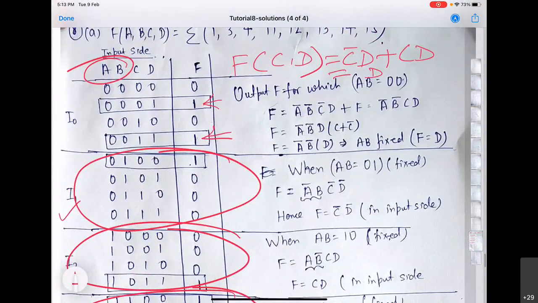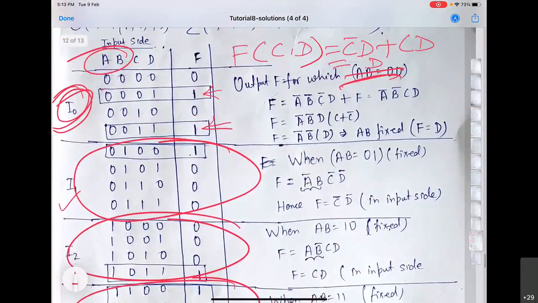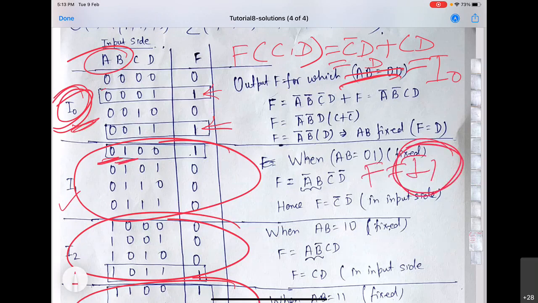Let us focus on the second part. What we got here, D, is going to get connected to I0, because A0, B0 will select I0, because A0, B0 will make F equal to I0. So I0 should be connected to D. Now when A is 0 and B is 1, F is going to be equal to I1. So we have to find out what we should connect to I1.